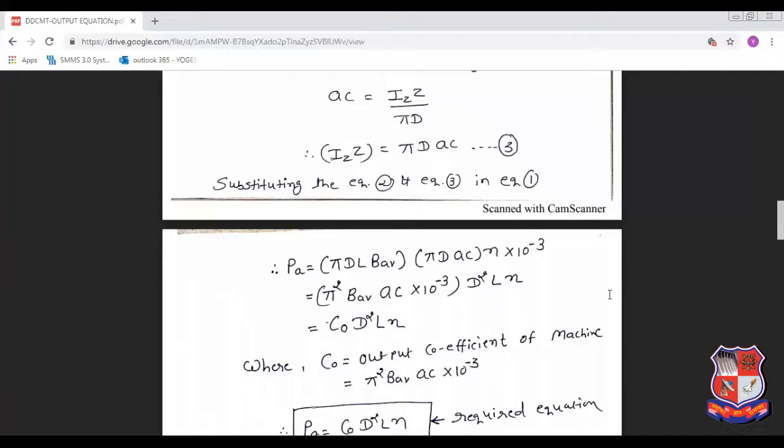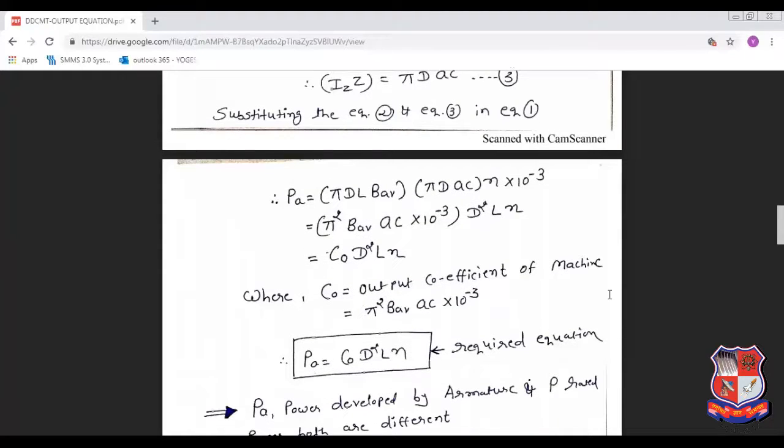So pi square B average ac into 10 raised to minus 3 is the constant. So PA is equal to pi square B_av ac into 10 raised to minus 3 times D square L N, where pi square B average ac into 10 raised to minus 3 is known as the output coefficient of machines, denoted by C0. So the output equation is PA equal to C0 D square L N.